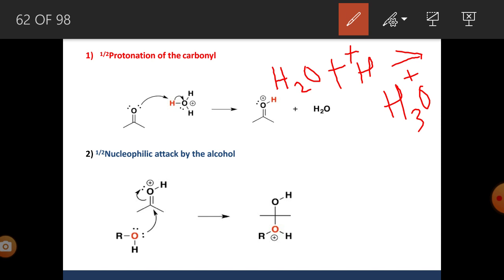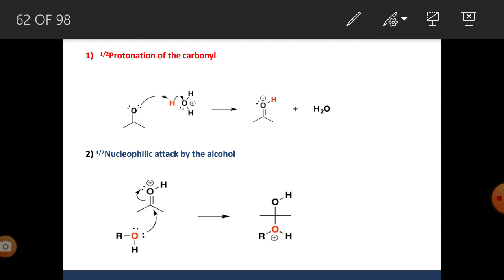So we have used hydronium ion as a source of proton. The first starting material is aldehyde or ketone. For convenience we have used acetone. On this acetone the oxygen is electron rich. Why is it electron rich? Because of the presence of two lone pairs.